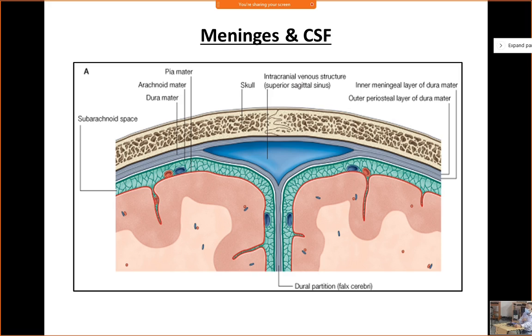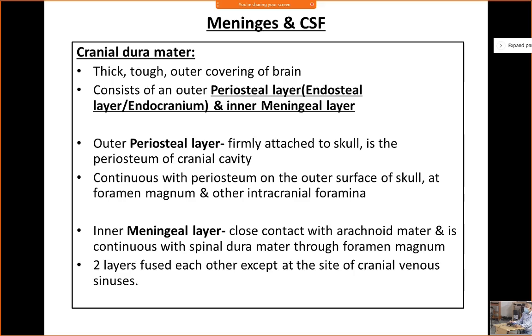So the space between the shirt and the undergarment is the subdural space. Then between the undergarment and the skin is the subarachnoid space. In the subarachnoid space, we are having the CSF as well as the blood vessels. One by one we will come.